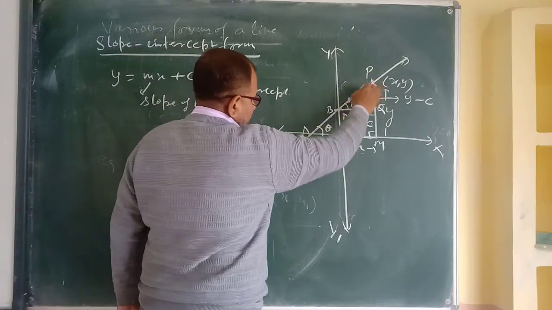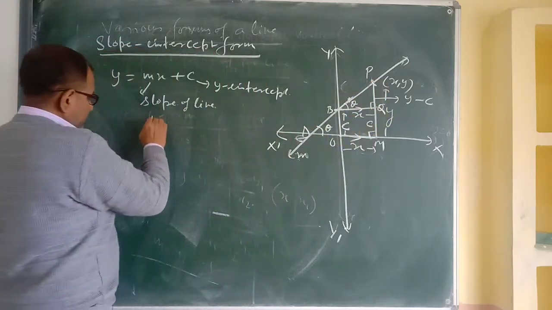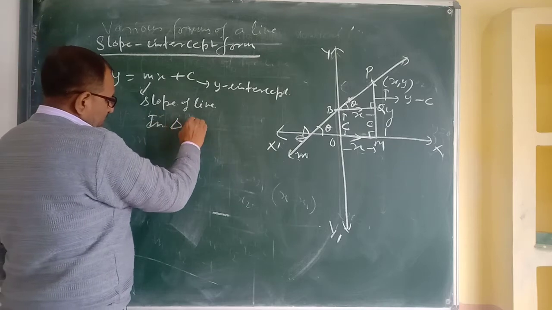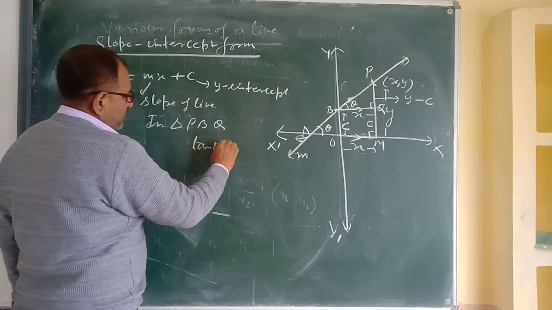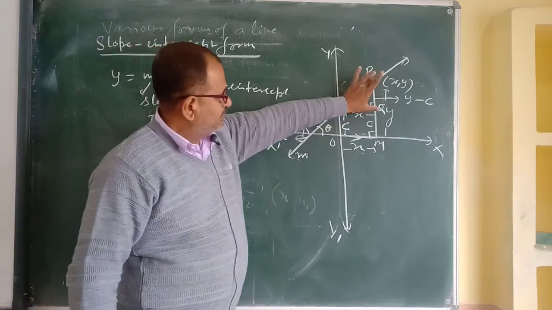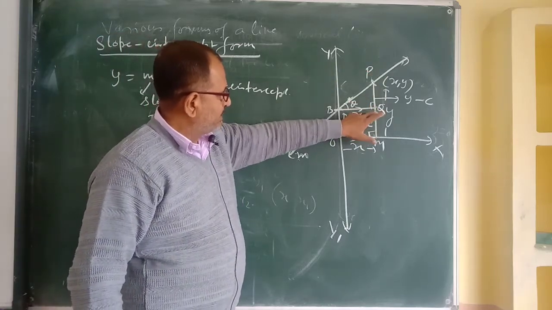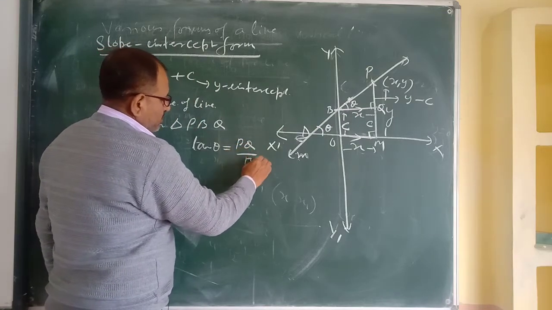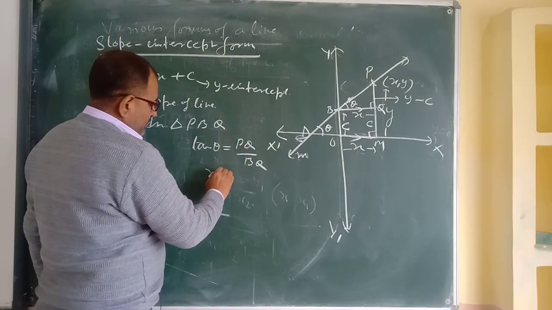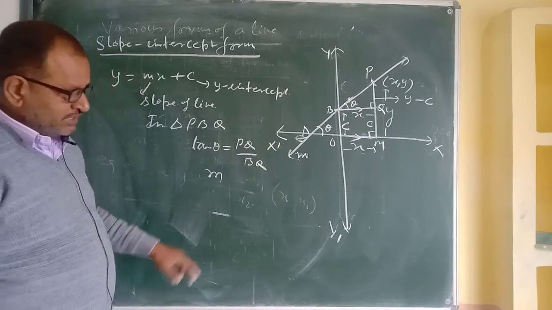Now in triangle PBQ, we can write tan theta. Tan theta is what? Perpendicular by base, so PQ upon BQ. Tan theta means slope, which is represented by the letter small m.